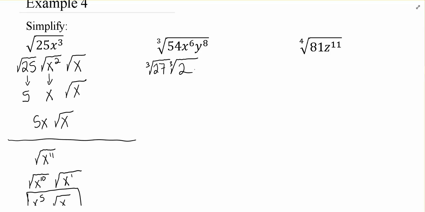I want to break up x to the 6th as a perfect cube and whatever is left. And if you remember what I was just saying, when it comes to x to a power, in order to be a perfect cube, I'm looking for the power to be divisible by 3. And x to the 6th is already divisible by 3, so I don't really need to break anything up. I'm just going to rewrite it.